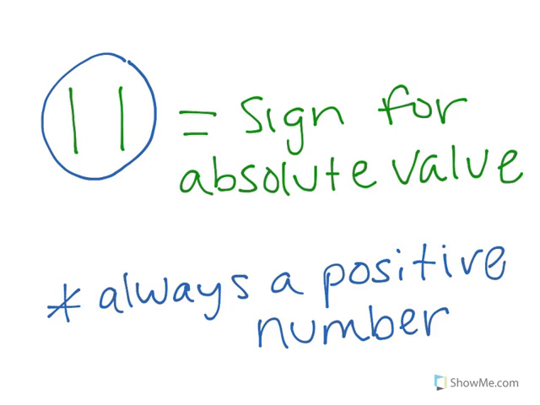And I want you to realize that absolute value always is a positive number. For example, this would be the sign for the absolute value of 3. Notice I just put two lines next to the number 3. And in the examples that I'm going to show, you're going to understand how to solve for absolute value, or the distance away from 0.